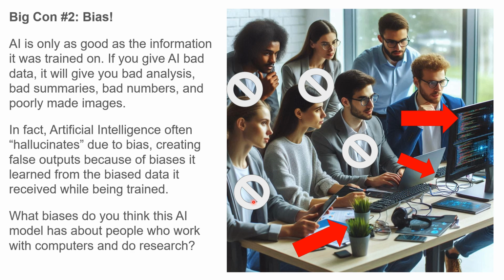I notice that they're all wearing very neutral outfits with no gimmicky displays. There are no funny t-shirts on anybody. Four of them are wearing glasses, so maybe there's some bias against people who work with AI. Maybe the AI model believes that people who work with computers have poor eyesight.